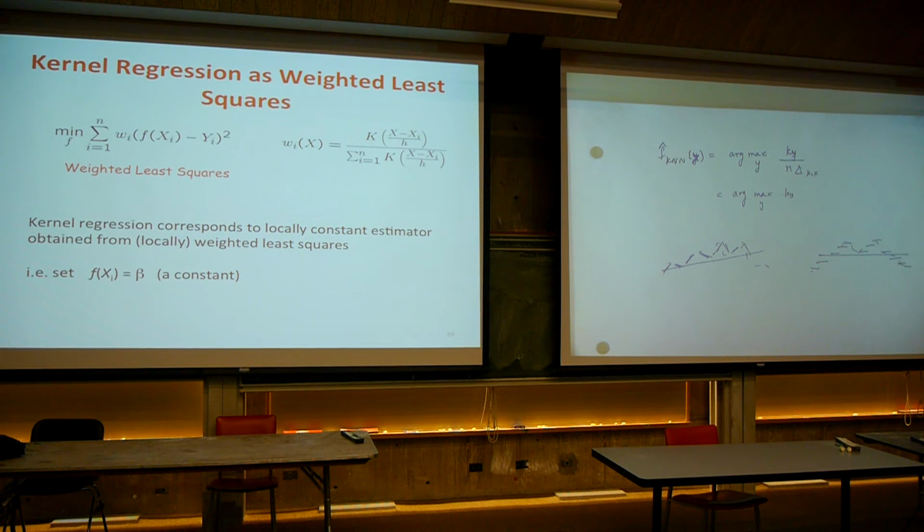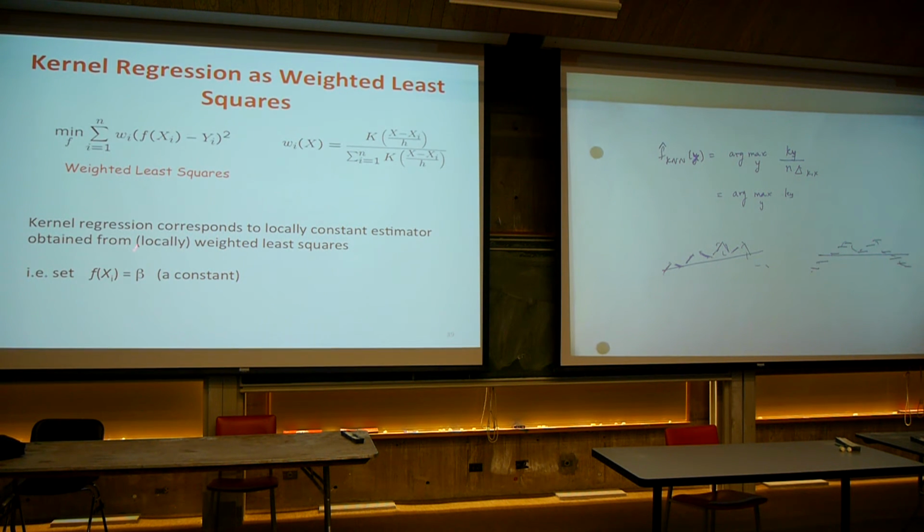So that's the difference between just doing a least squares estimate with a linear function or a constant, or you could do polynomial regression also, we talked about that. But there we were doing global fits using all of our data. Here we are doing it locally around the test point. Does that make sense?